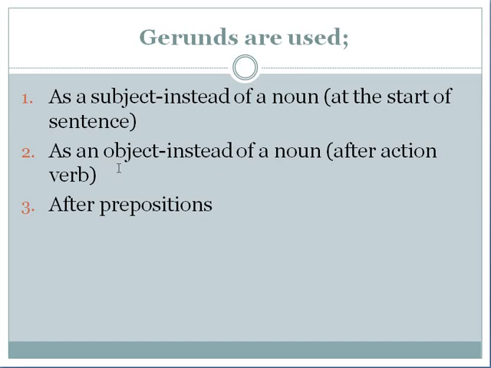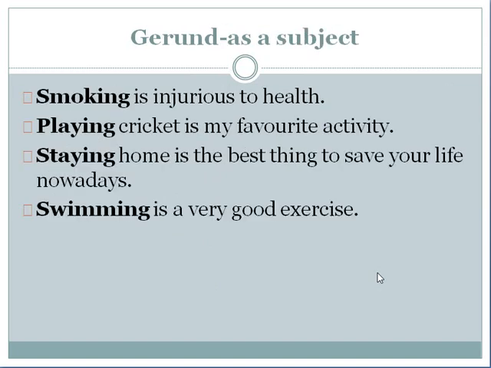Whenever we use a gerund instead of a noun as an object at the end of a sentence, that is called gerund as an object. Gerunds are also used after some prepositions. These are three uses of gerunds. Let me give you some examples of each use.